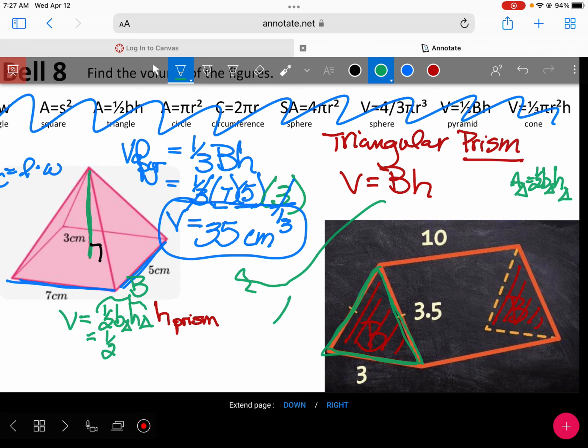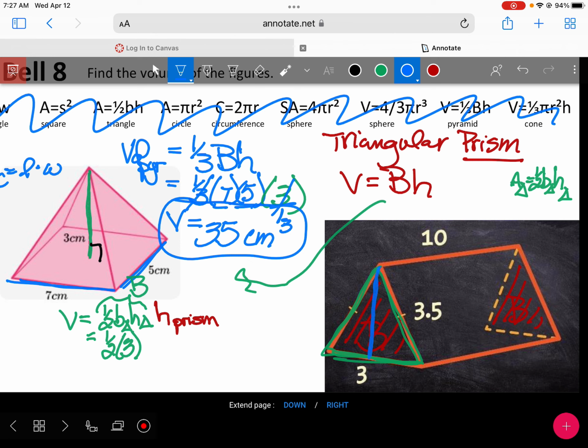Like if I had a triangle and I was saying 1/2 base times height, the base is what's on the bottom. So in this case, the base of my triangle is 3. Okay? Just the base of that single triangle times the height.